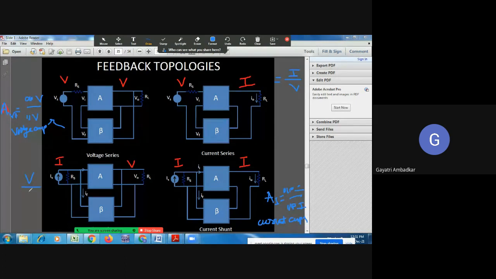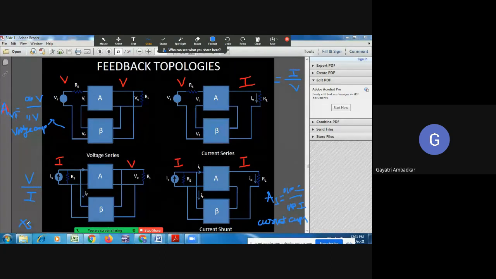What is the input signal? Current. You know what is the ratio of V to I? Ratio of V to I is resistance. So this amplifier is called trans resistance amplifier, because it is the ratio of output to input parameter. So the trans word comes.